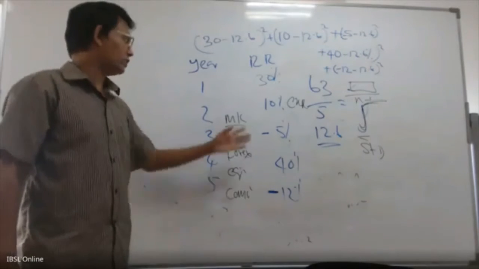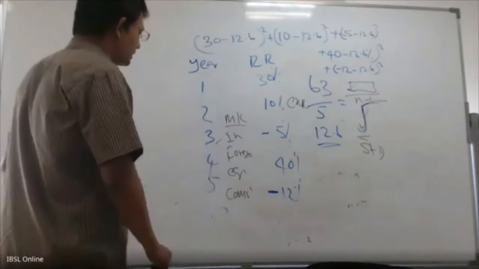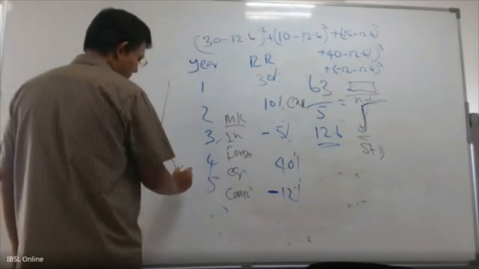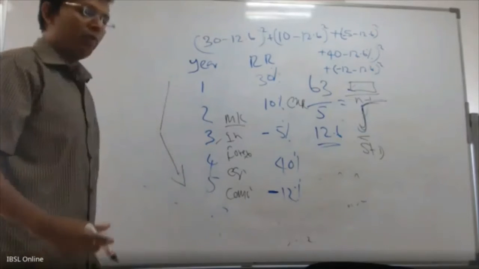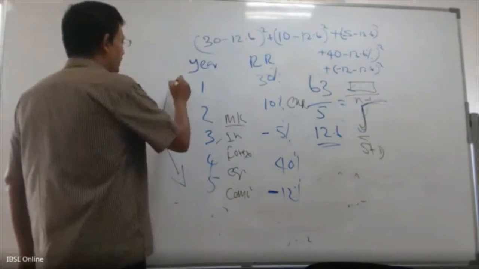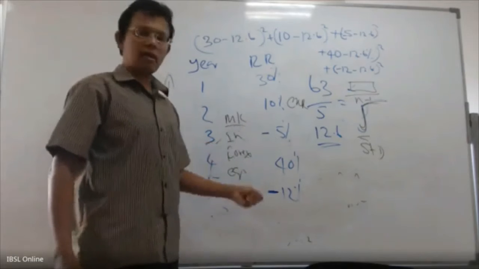Yes. Interest rate risk. What happened? When you have interest rate risk, it means what? Interest rates are going up or coming down. When the interest rate is going up in the country, does it impact the share market? Of course.